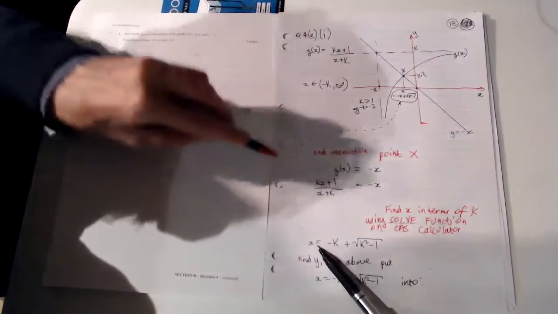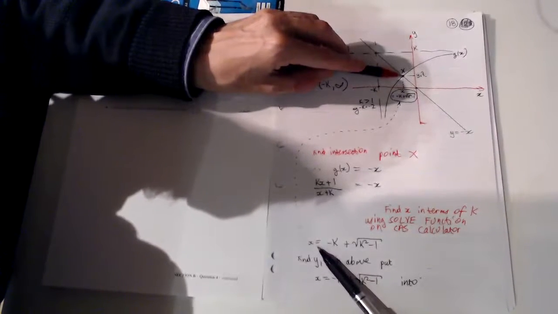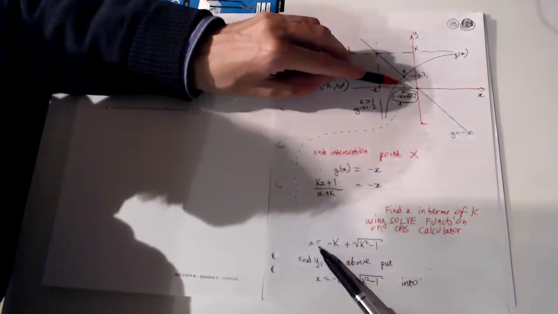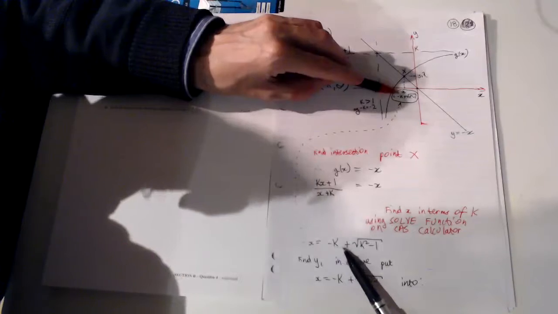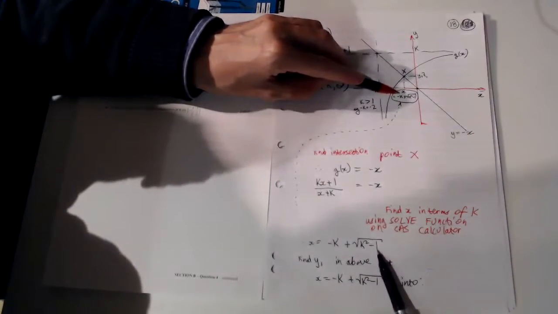So we now know that the x coordinate of the intersection point is negative k plus square root of k squared minus 1.